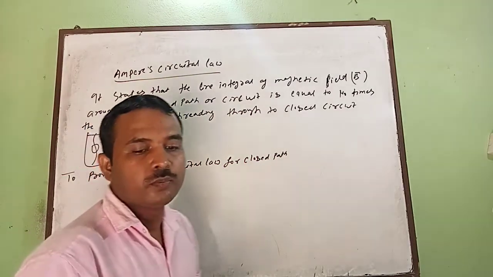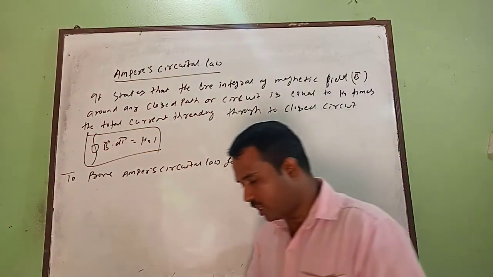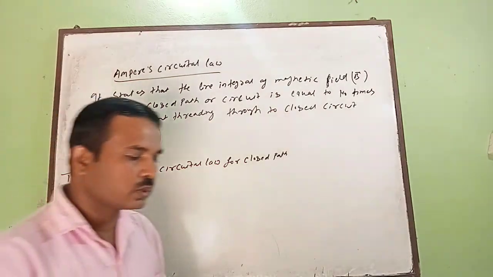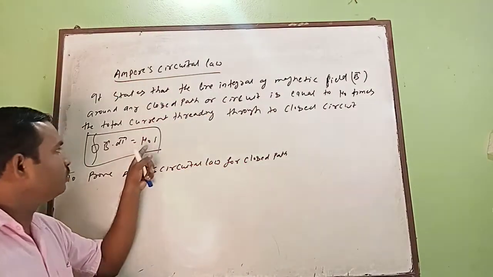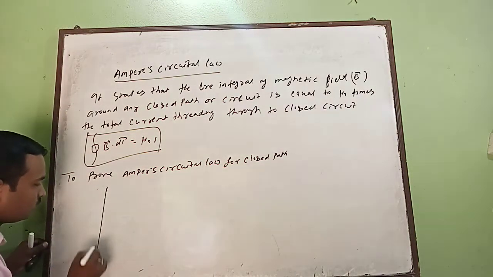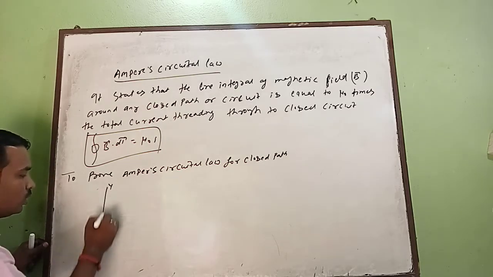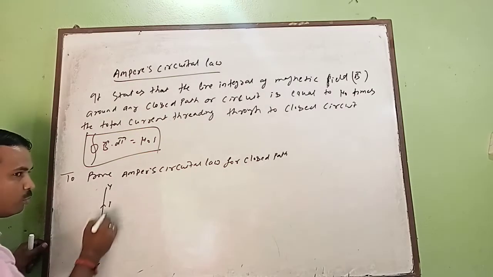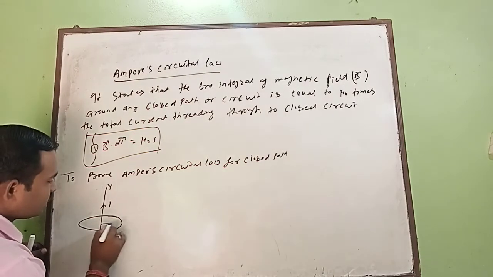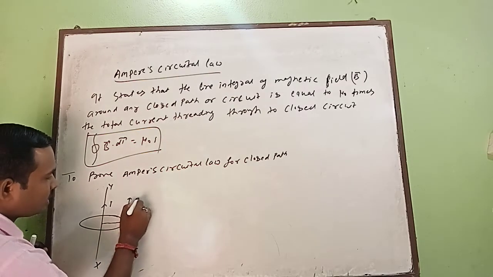For a closed path, you take the closed path and see that whatever magnetic field is produced is equivalent to mu naught times the total current. Suppose you have your conductor, X and this is Y, and current I flows through it. Suppose this is the point P, where the magnetic field can be observed.